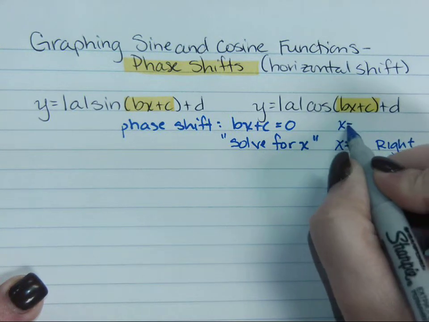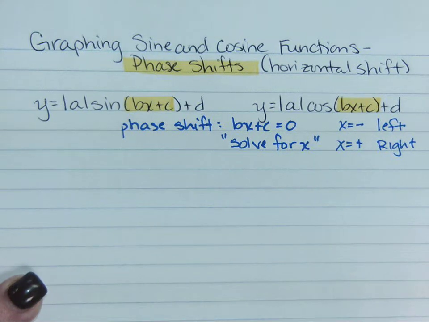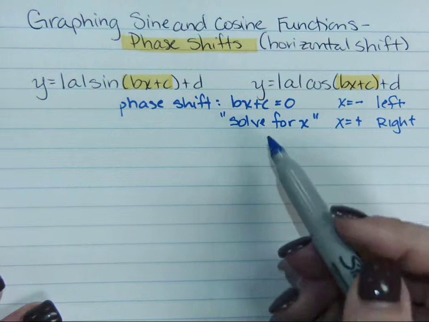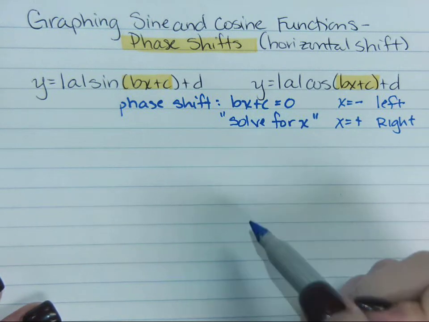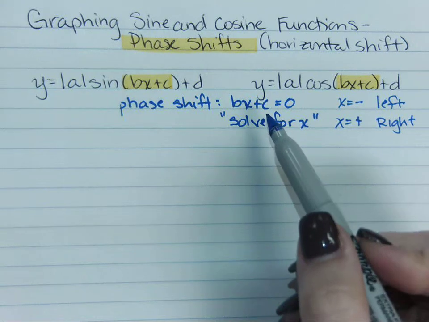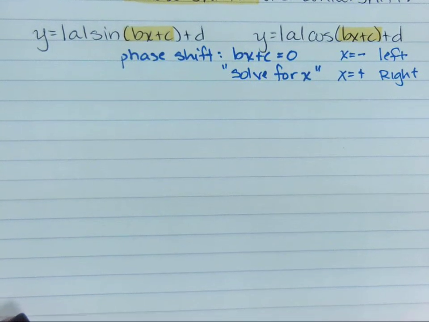And when you have x equals a negative value, it's going to tell you to move to the left that many units. All right. Also, when you are solving for x, the order of operations that you use to solve for x is the order you're going to make your adjustments to all of your x values.